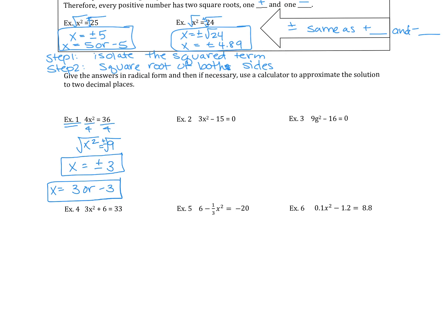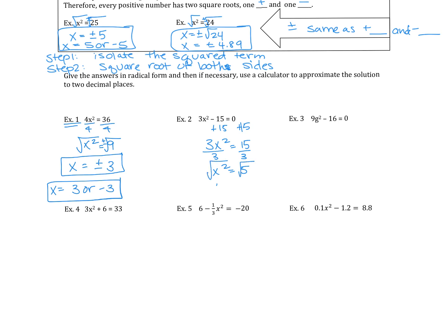So number 2, in order to isolate this one, I have to add 15 to both sides first. And I get 3x squared equals 15. Now divide both sides by 3. And I get x squared equals 5. I'm now going to take the square root of both sides.